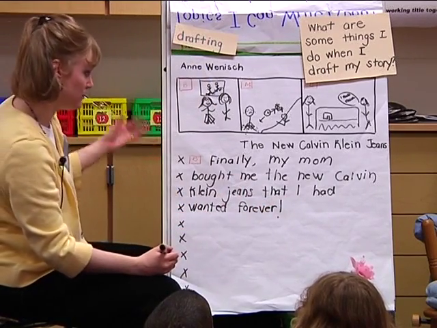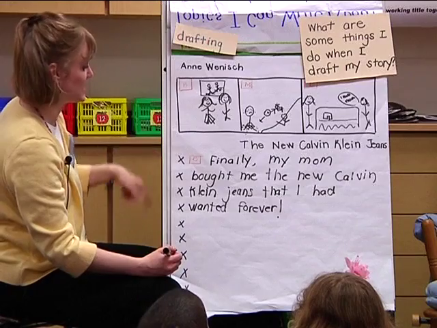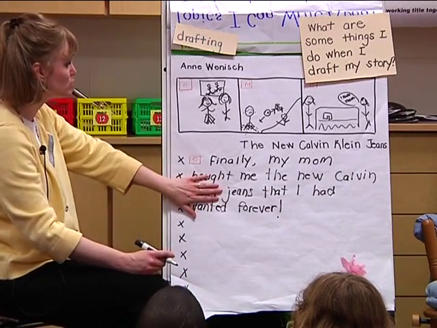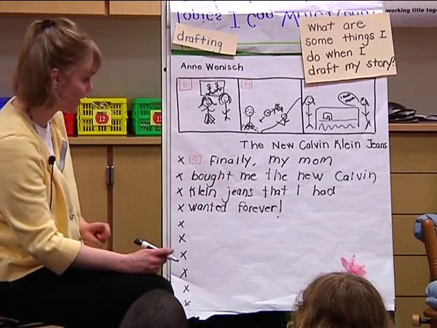Finally, my mom bought me the new Calvin Klein jeans that I wanted forever. Good, it's always good to reread so then I know where I need to go next.